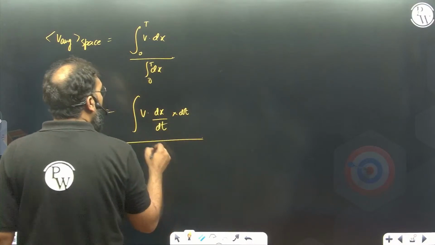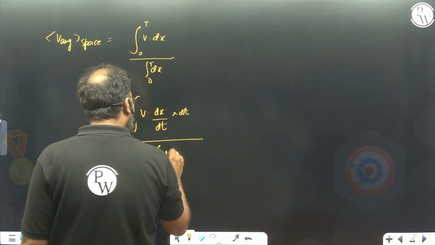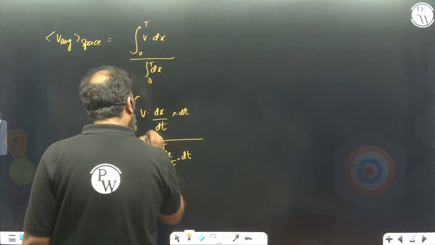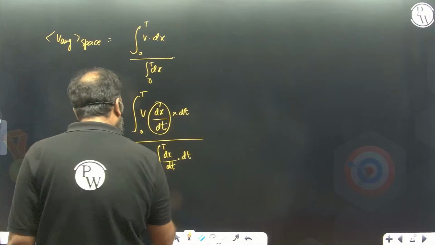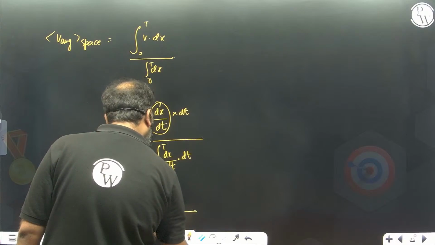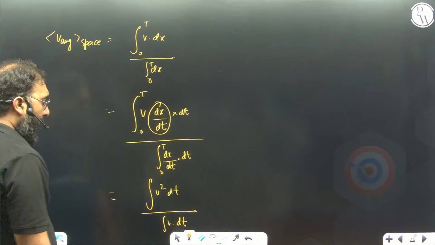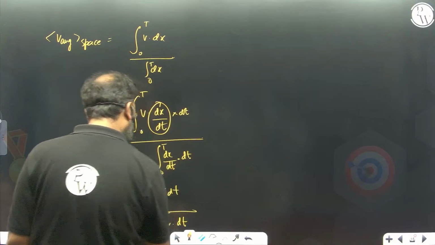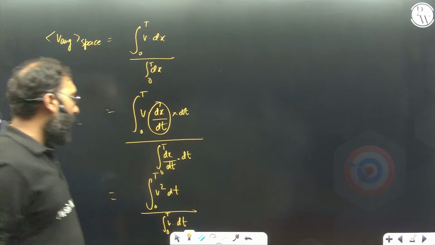Integral dx by dt into dt, and let's say limit from 0 to capital T. So dx by dt is v only, right? So this is integral v square dt upon integral v dt, both from 0 to capital T. Now you just have to put the limits.